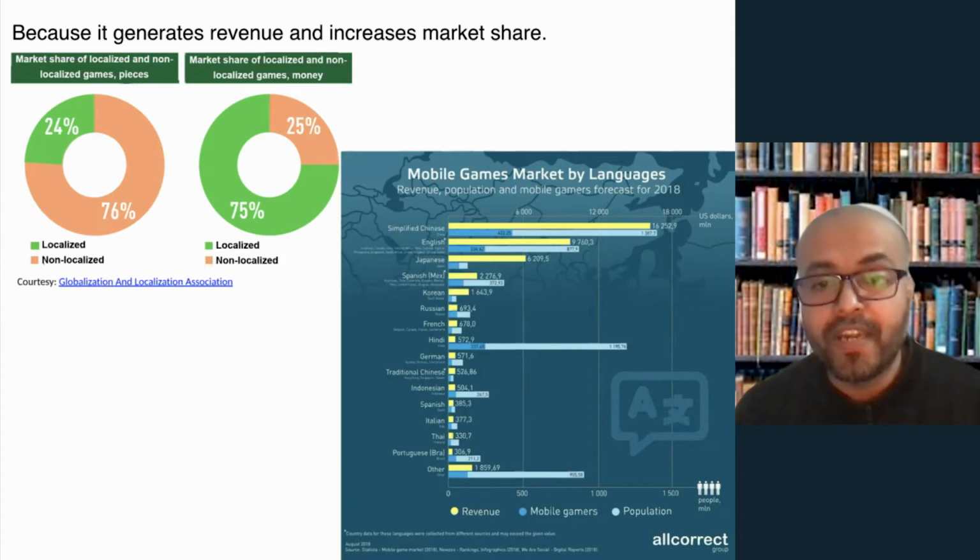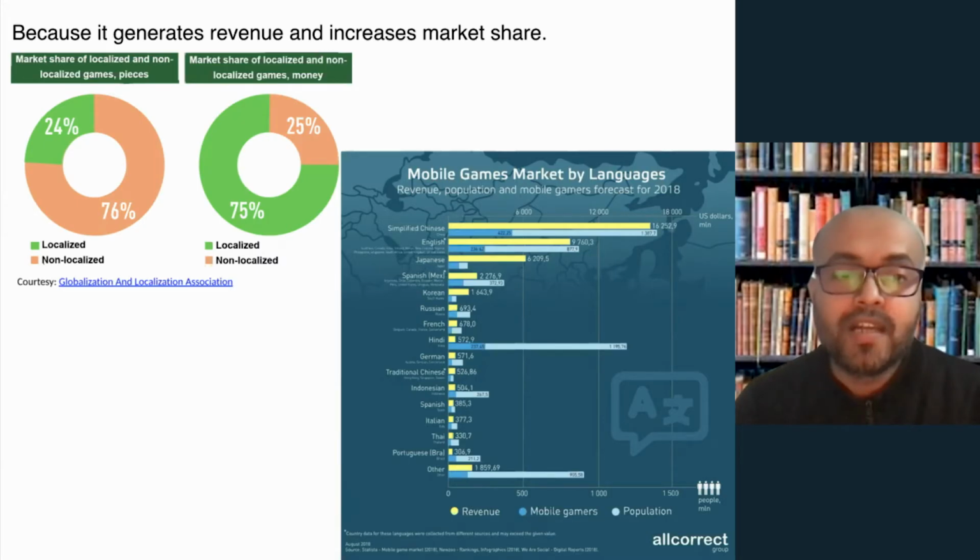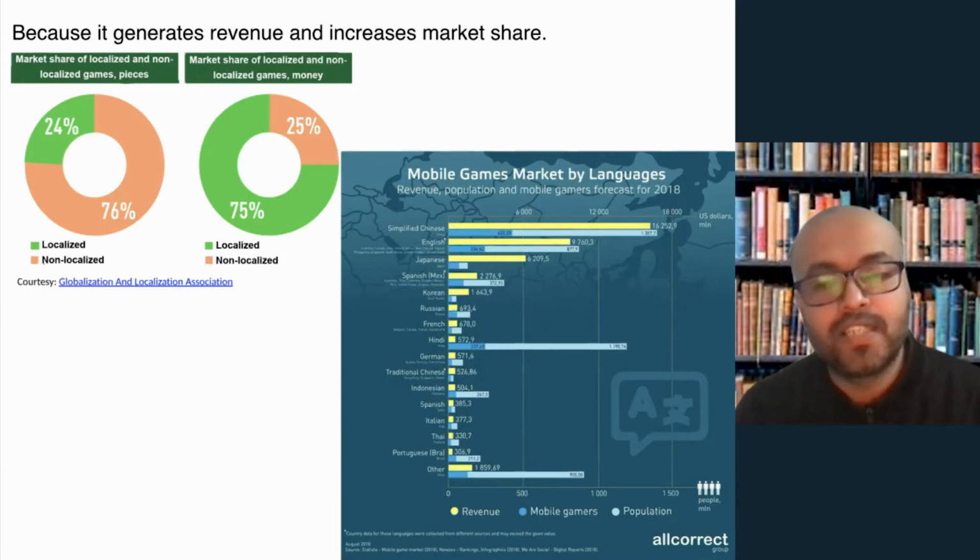It's a huge profit. When the study was conducted about the mobile games market by language, it was also quite visible that the revenue generated by the localized games is much higher because of the worldwide consumption. And this was the study done by the Globalization and Localization Association.